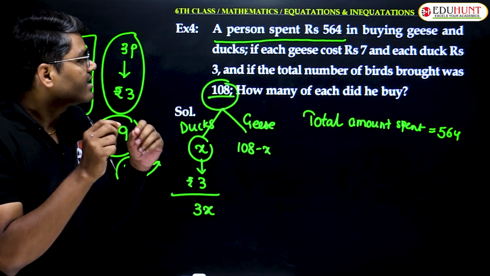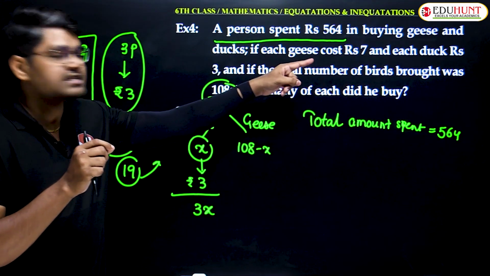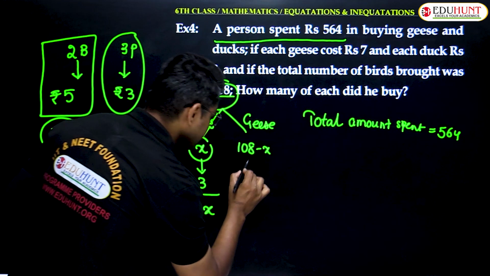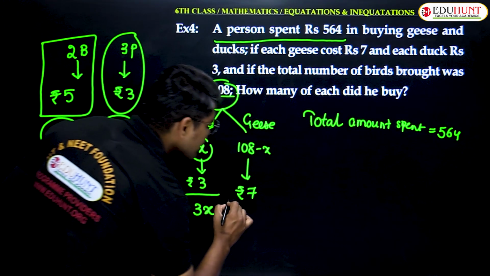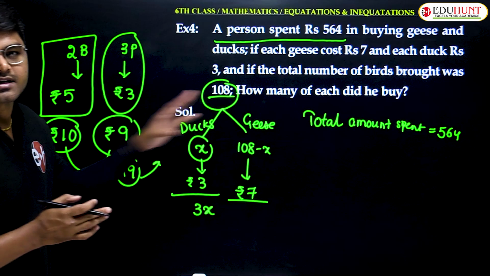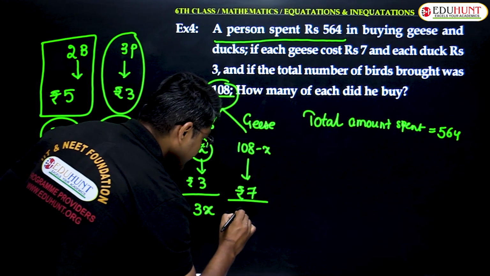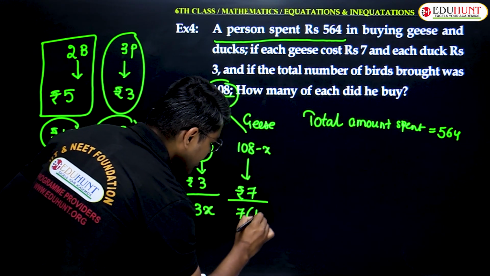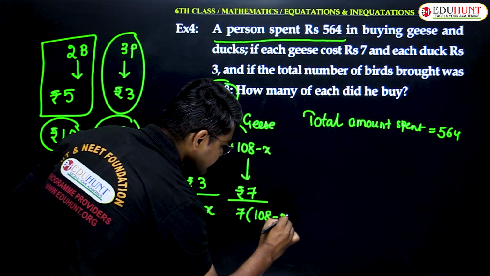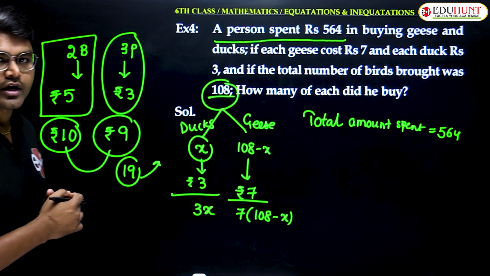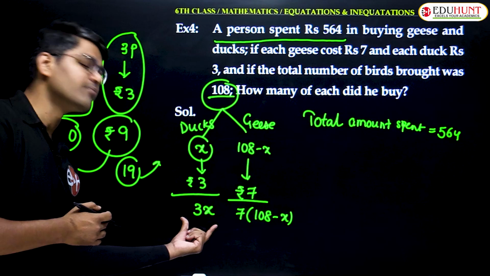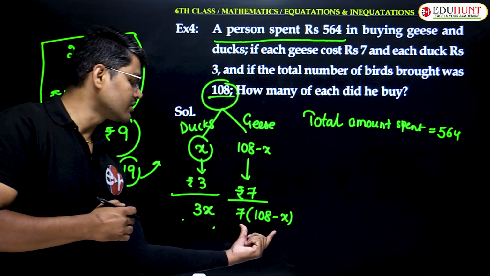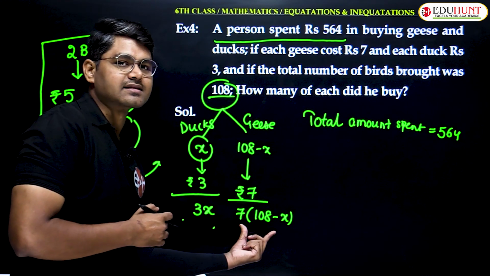So what is the cost of each goose? 7 rupees. So what is the total amount spent on geese? 7 into 108 minus x. Okay, so this is the amount spent on only buying ducks, and this is the amount spent on only buying geese.